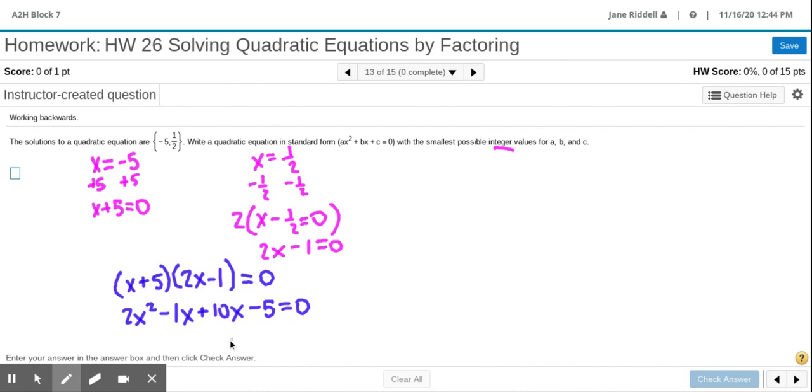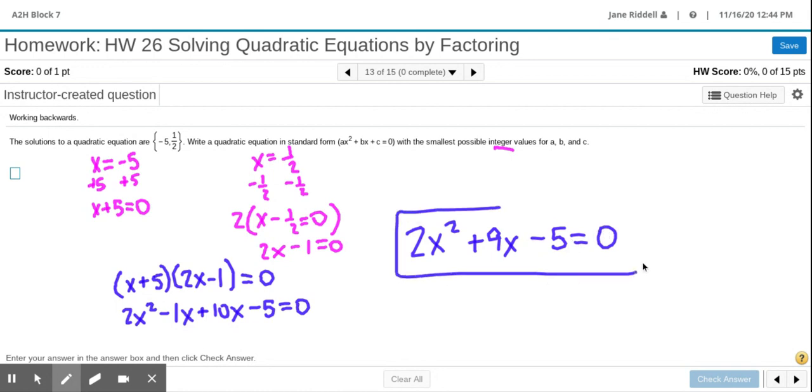Combining like terms, I'm going to come up with my final answer of 2x squared plus 9x minus 5 is equal to 0. So here would be my answer, where my a is 2, my b is 9, my c is -5. These are the smallest integer values that I could have.